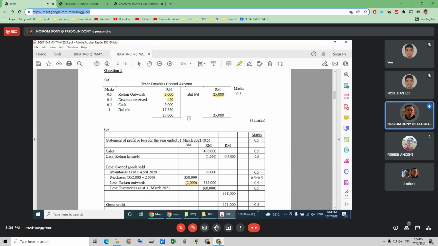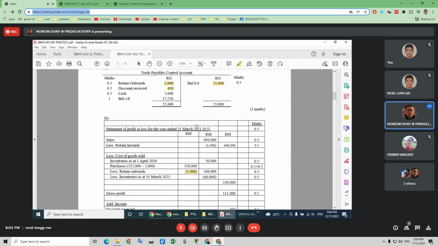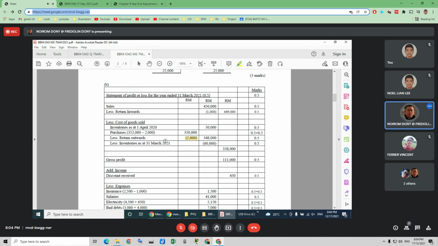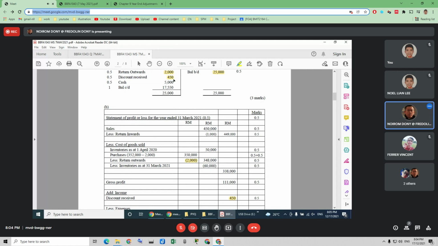So how do we complete that? First thing you have to check, do you have an existing discount received in the trial balance? We don't have. So what you do, you just provide the exact figure 450 under discount received. When you provide it here as part of the income, this is crediting. So this is credit and this one is debit.